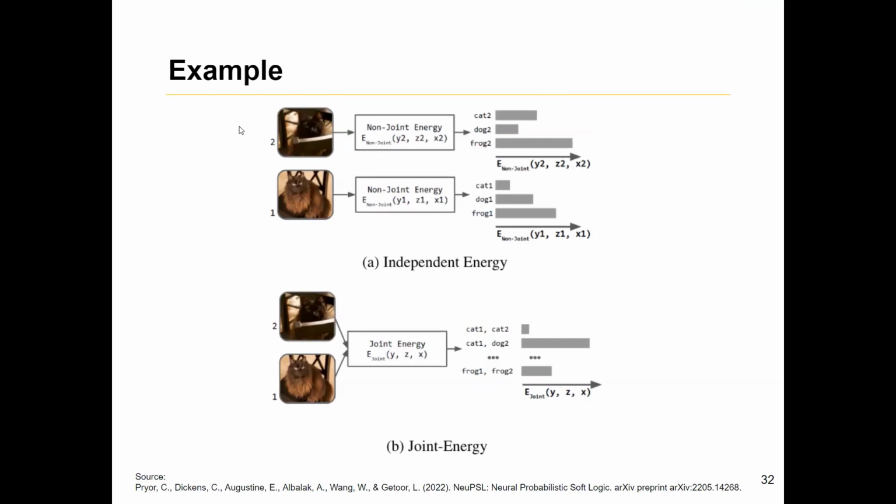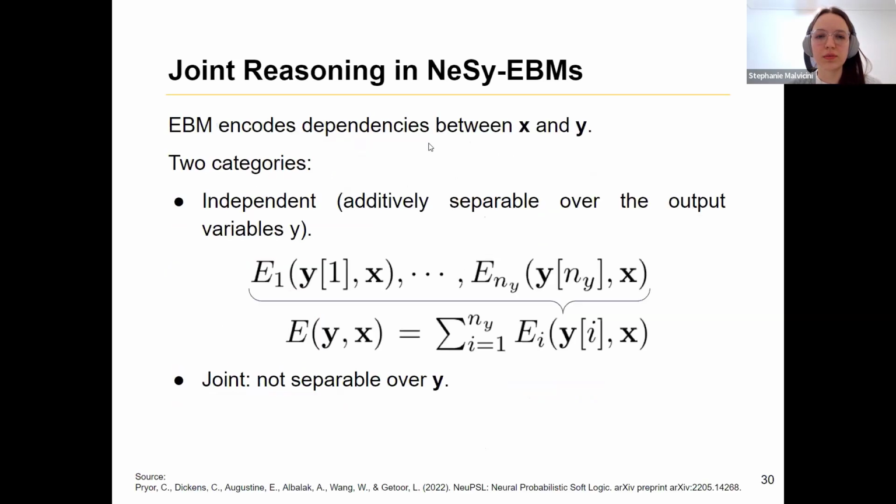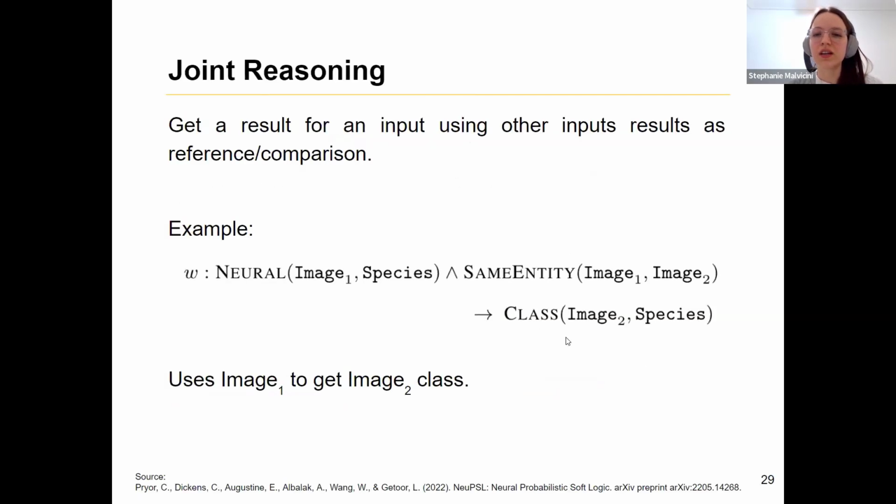So I think maybe if you have an image of a cat, and then you have two rules. One that says, for example, that the class of the image is a cat, and then another one that says that the image is a dog.